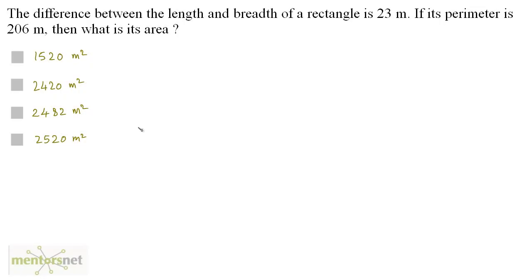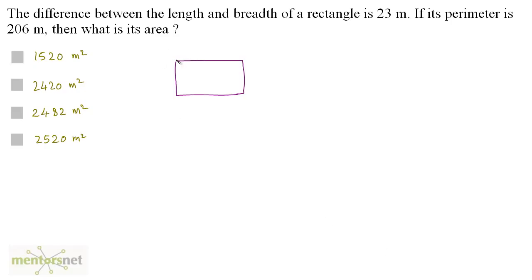The difference between the length and breadth of a rectangle is 23 meters. If the perimeter is 206 meters, then what is its area? What is a perimeter? Well, consider this rectangle.